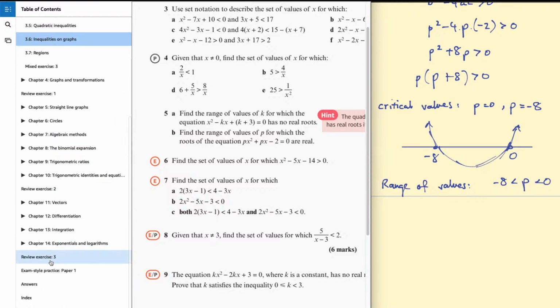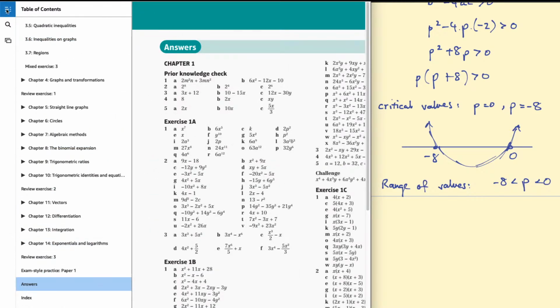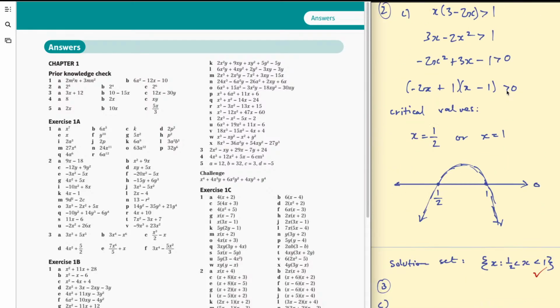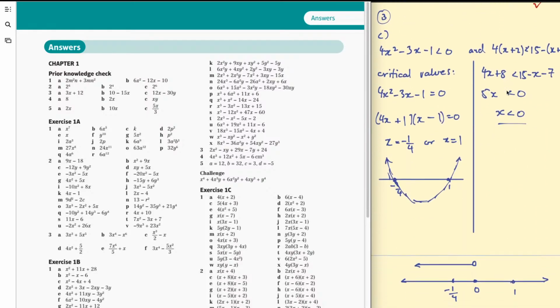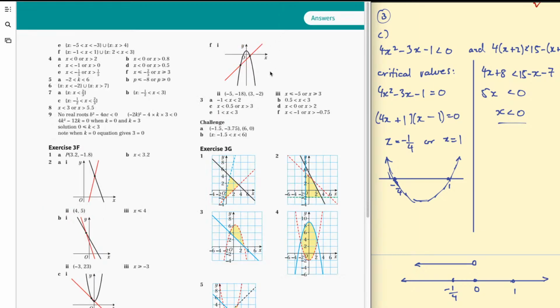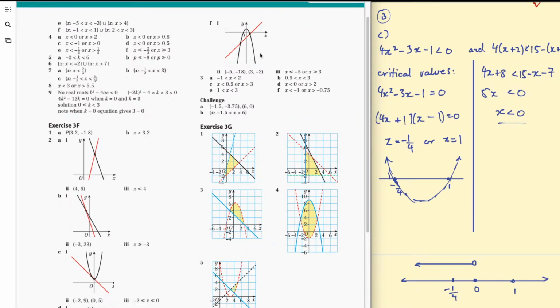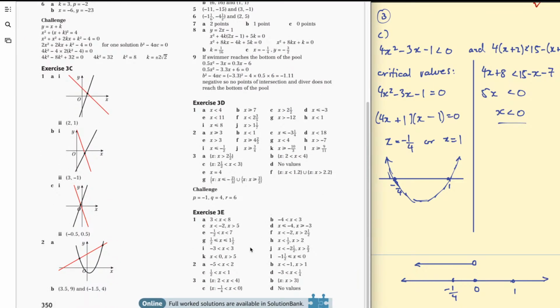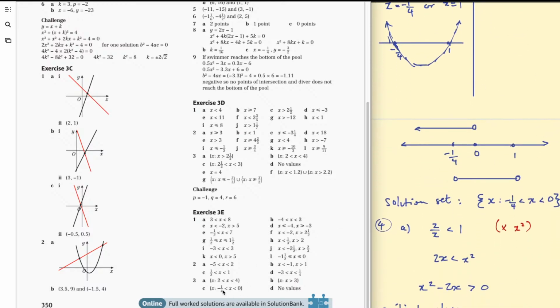All right, let's go ahead and check what we've done so far. Starting with 3c. What was it up to? 5. Sorry, 3c. 3c was x between negative a quarter and 0.